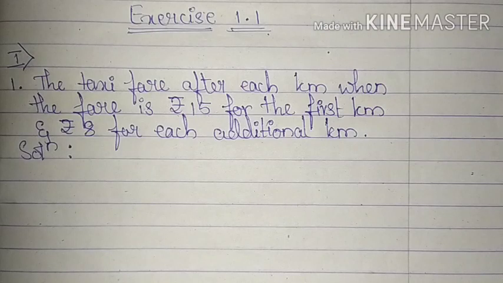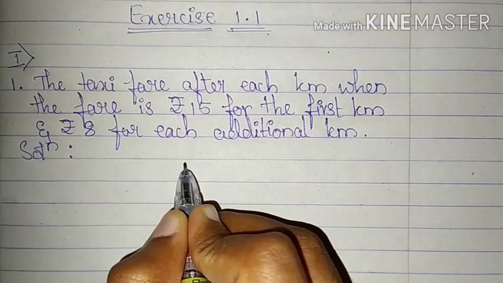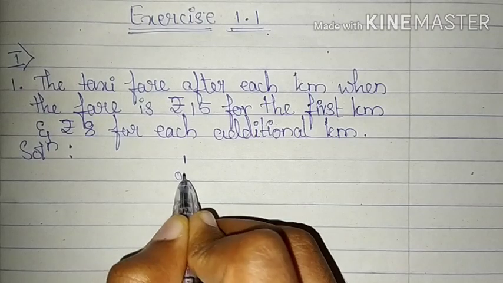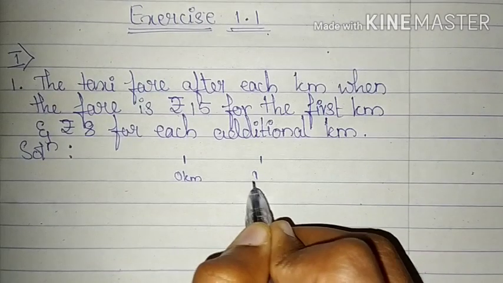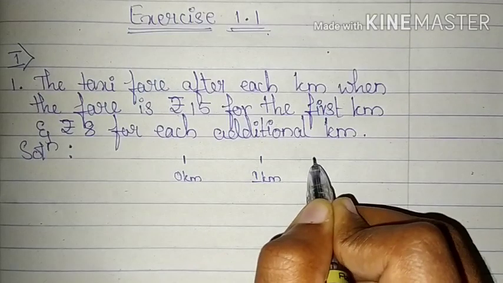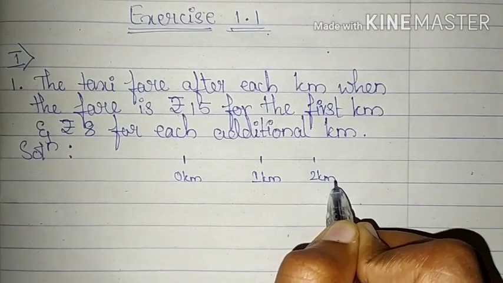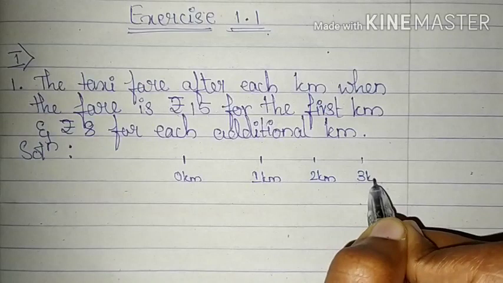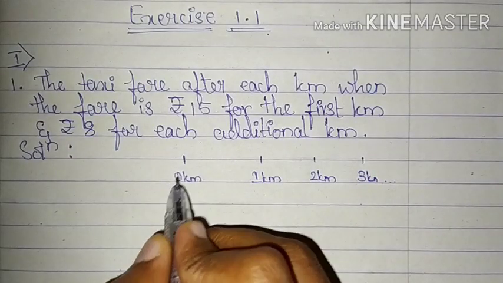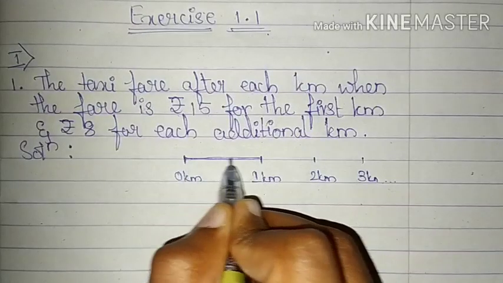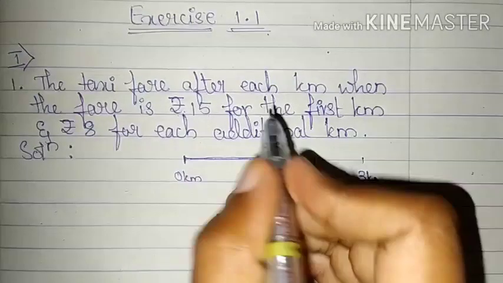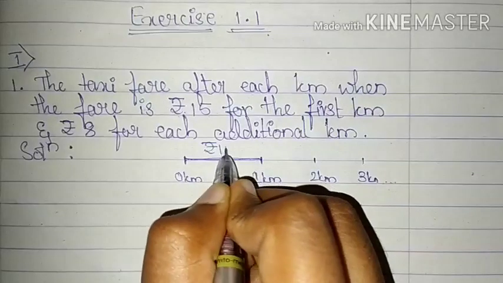So here they have given us a taxi. Let us start from 0 kilometer, and this is our first kilometer, second kilometer, third kilometer and so on, right? For the first kilometer, the fare is rupees 15.